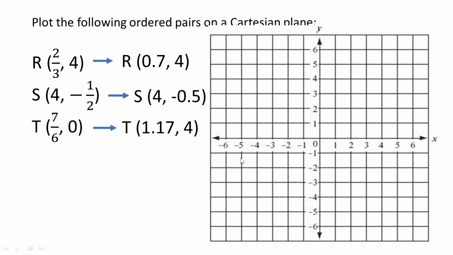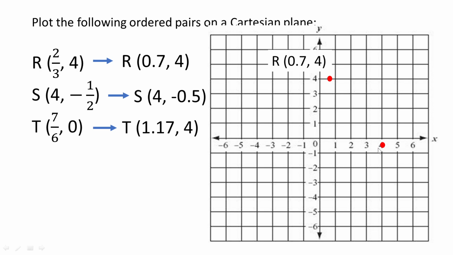So, just locate in between po. So, itong 0 and 7/10, in between po siya ng 0 and 1. And our y-coordinate is 4. So, dito siya. So, that is the point R. Next, for the point S, since our x-coordinate is 4, so dito, and move lang tayo pababa konti, in between 0 and negative 1.